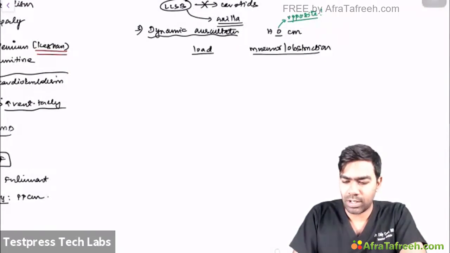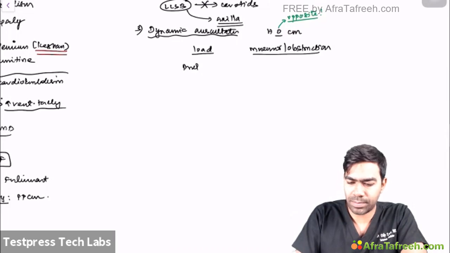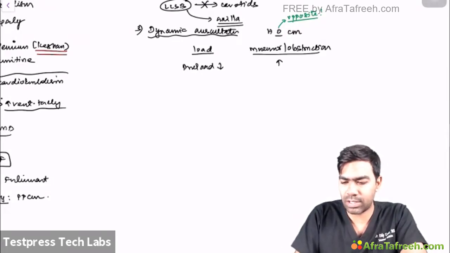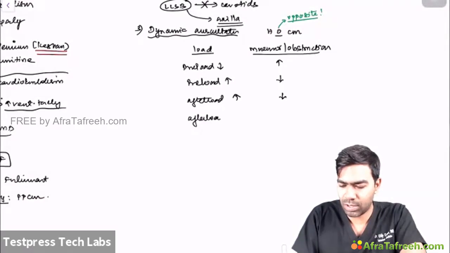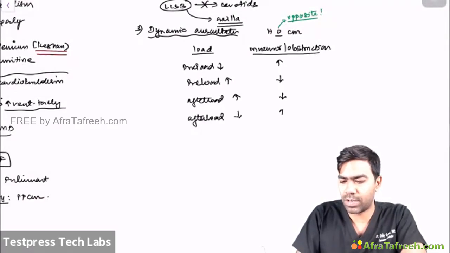Load, for example, the preload is decreasing. Preload is decreasing, obstruction is going to increase, and the murmur is going to increase. As the preload increases, the murmur will decrease. If the afterload increases, the murmur will decrease again. If the afterload decreases, the murmur will increase again.